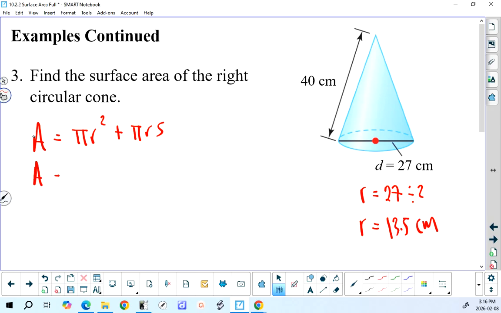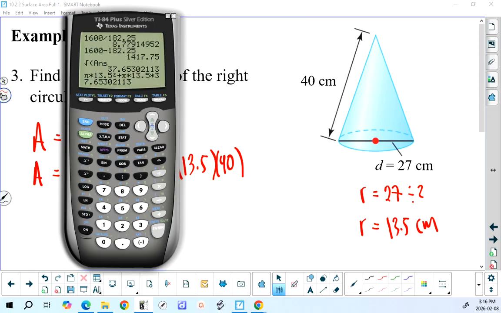The area will be pi r squared, which is pi times 13.5 squared, plus pi times 13.5 times the slant height, S, which is 40. That's it. Throw it into your calculator, figure out what you get.